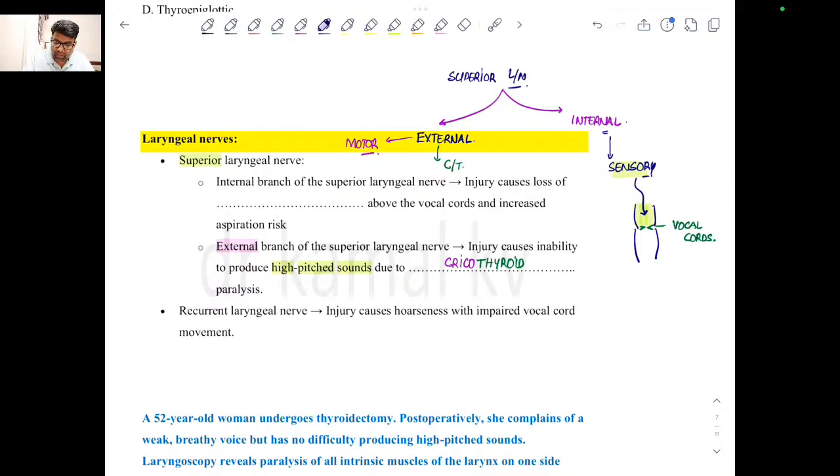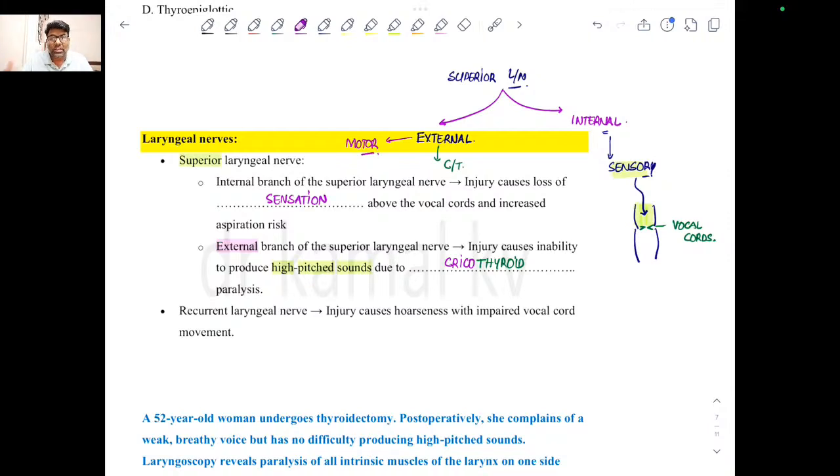Therefore, if there is any injury here, there will be no sensations in the larynx above the level of vocal cord, so there is loss of sensation.